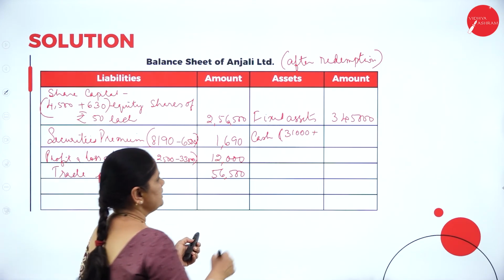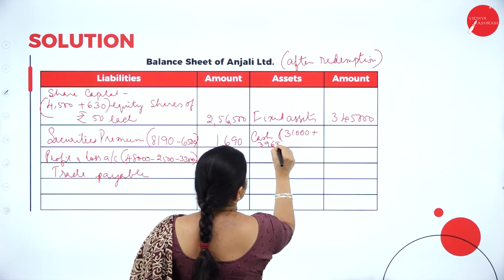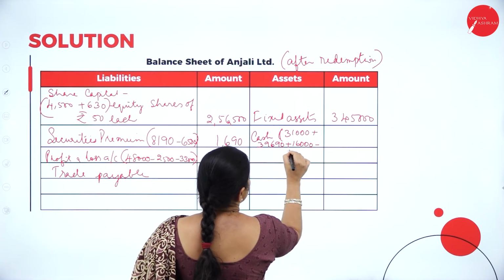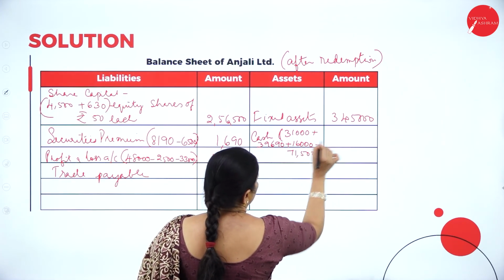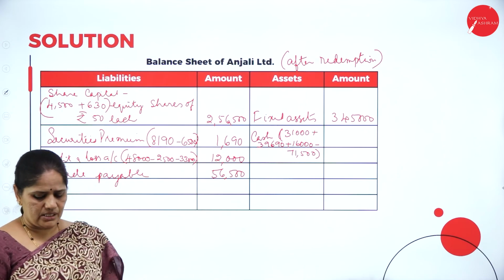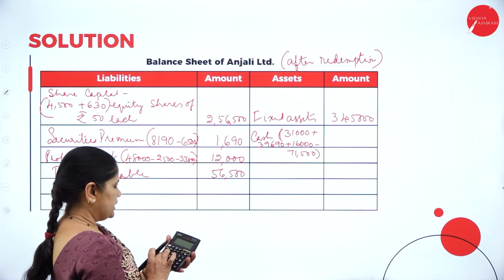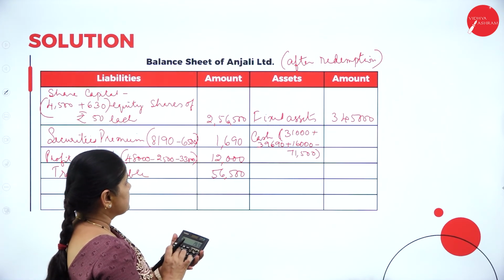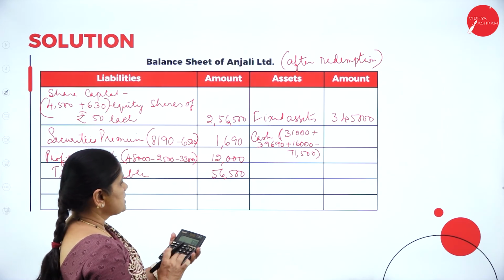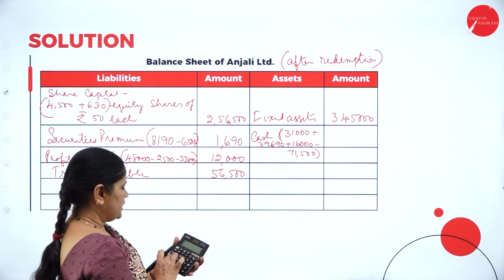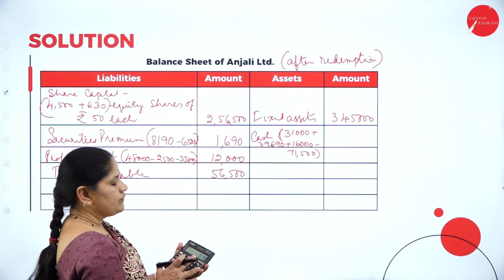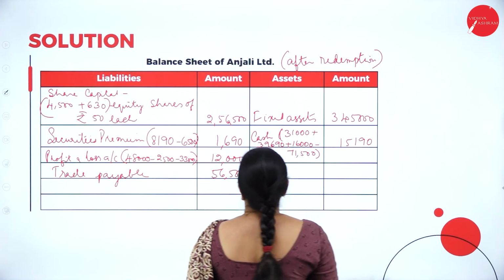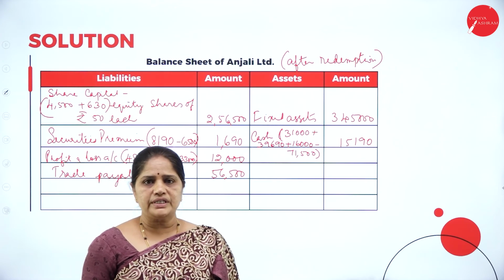So 31,000 plus 39,690 plus 16,000 minus 71,500. So the cash balance is 15,190.